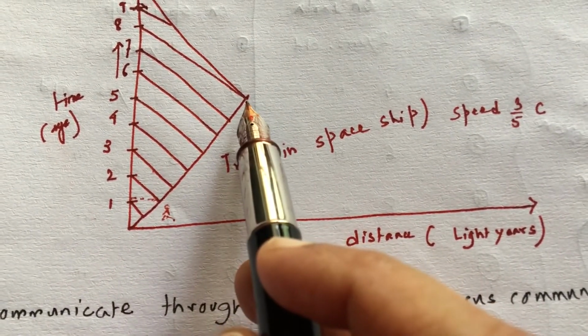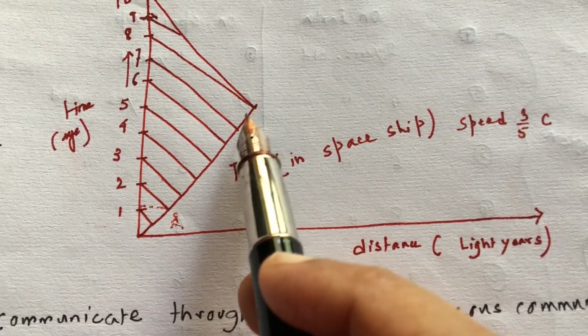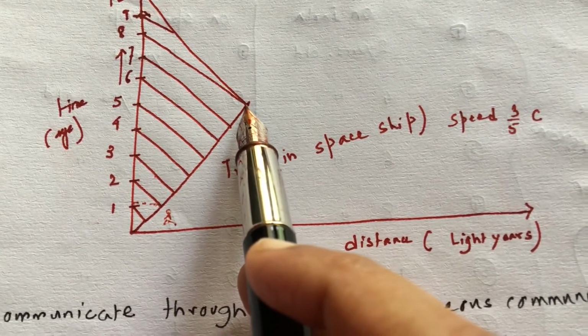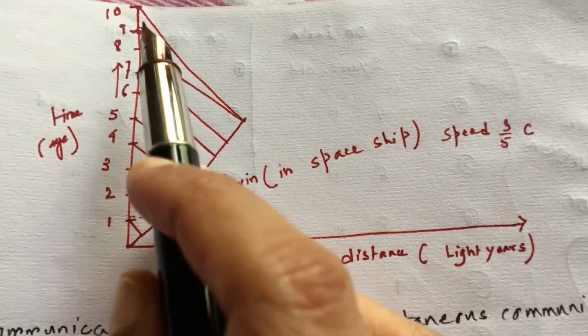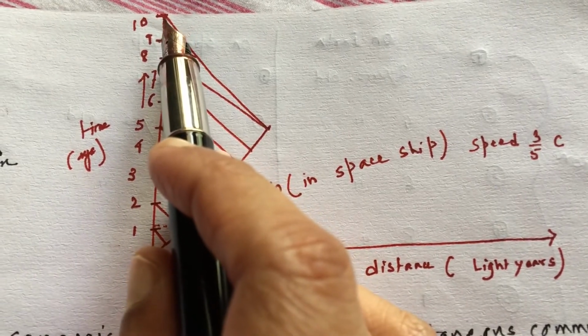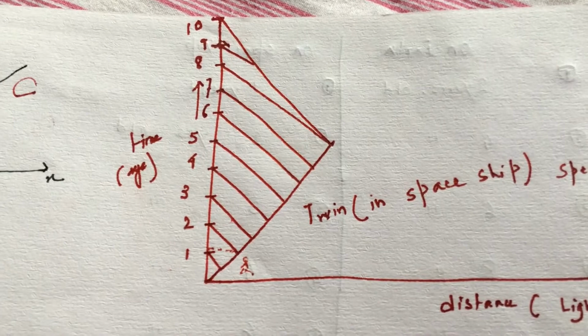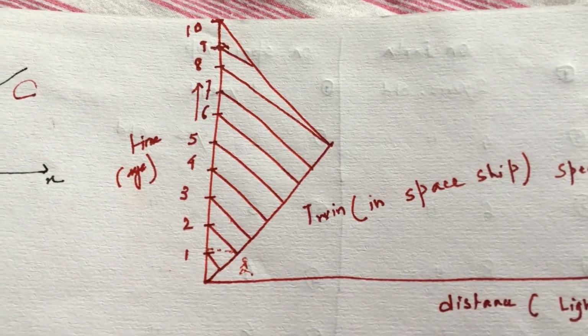At the point of return, again it gets slowed. It eventually stops here. Again it accelerates and then it reaches Earth. Here it will again have retardation because it needs to stop there.